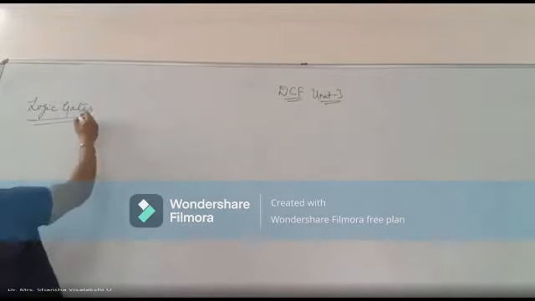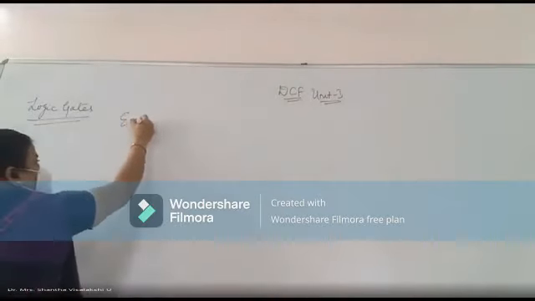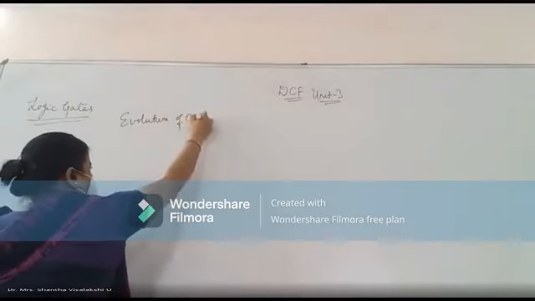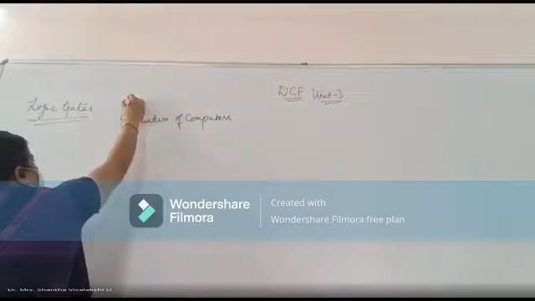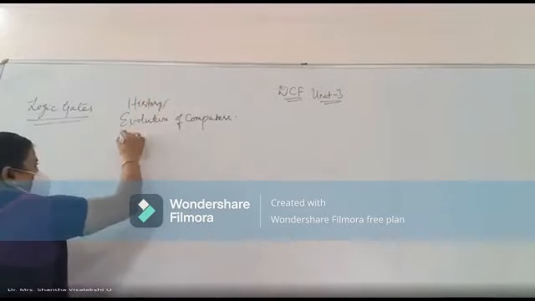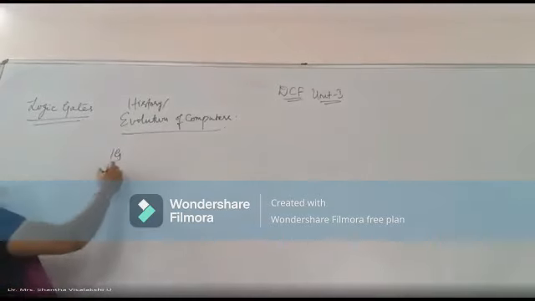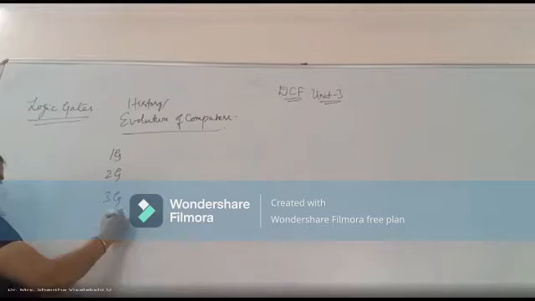Actually, before starting with logic gates, we need to discuss the evolution of computers. Evolution can otherwise be called the history of computers. It starts from 1G, then 2G, 3G, 4G.